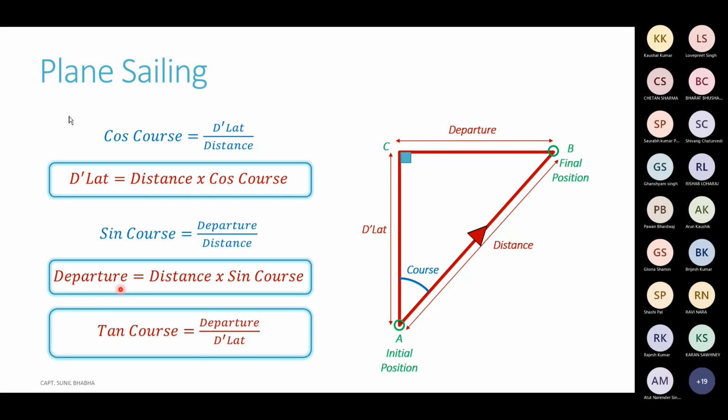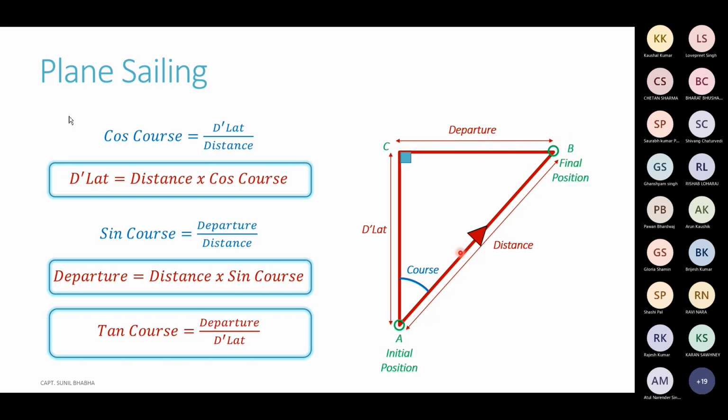Now, once we have the departure, we can convert it to D long easily by using the parallel sailing formula, which we saw just a little while before. Departure is equal to D long into cos of mlat. So once you convert it into D long, apply it to the longitude of your initial position and you get the final longitude. So a two-step calculation to find the position arrived.